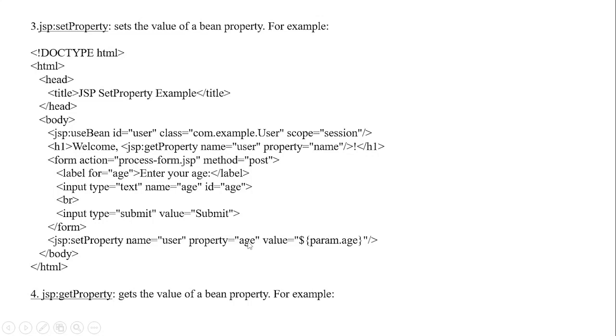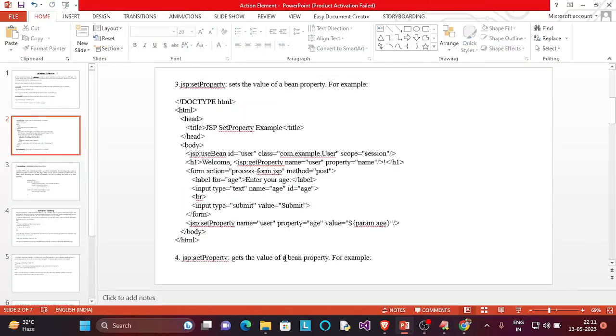And the property we set is param age. So the parameter age property will be set on these name elements.